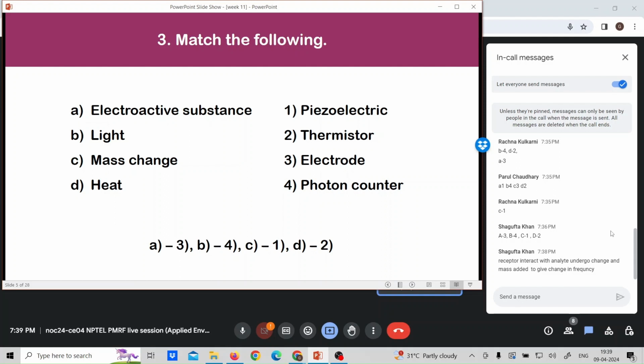Okay, the receptor interacts with the analyte and undergoes change, and the mass added gives a change in frequency, and that is amplified. Yeah, you're right. So to start from the basic, the piezoelectric effect is something very simple. We have learnt in higher secondary that when we produce stress over a material, it generates some voltage, and the inverse is also possible.